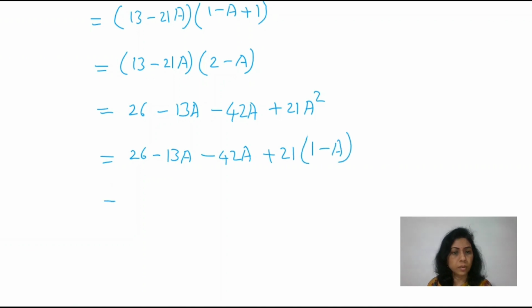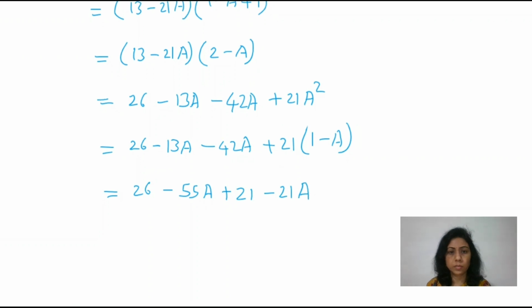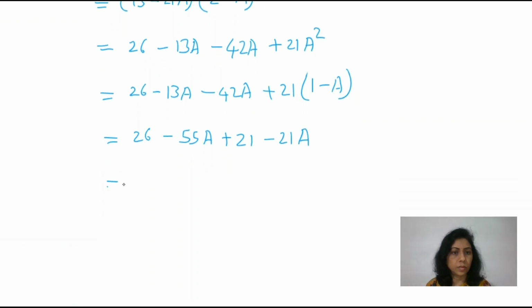So we get 26 − 55a + 21 − 21a. 26 + 21 is 47, and −55a − 21a is −76a.